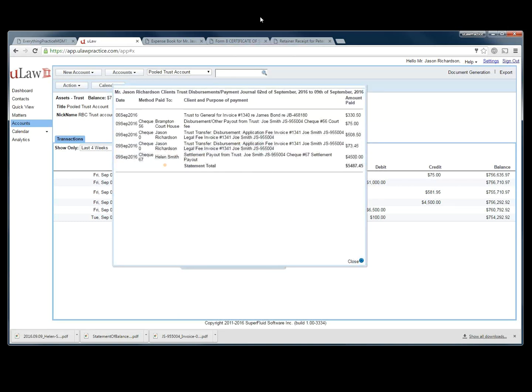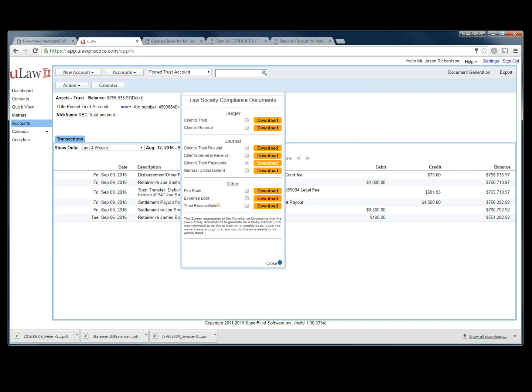Was it paid to Helen Smith? In this case, obviously, you did a trust transfer, so it was paid to you, Jason Richardson. When it was paid to Brampton Courthouse, they are looking for the paid to column. They are looking for the method of how it was paid. Was it a check? And if it's a check, what's the check number? They're also looking for details on the amount, what was paid, the total amount, and the date. So these are what they are looking for in a journal.